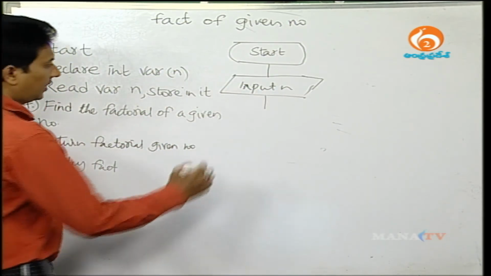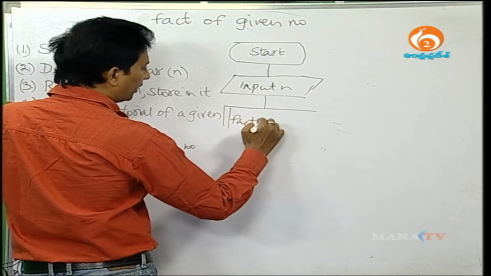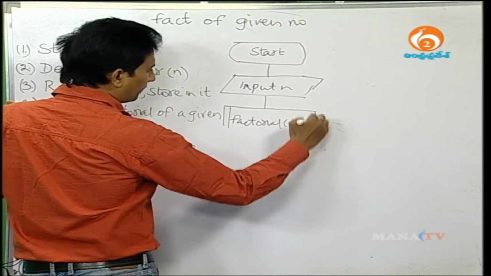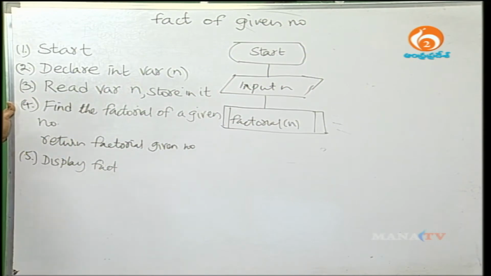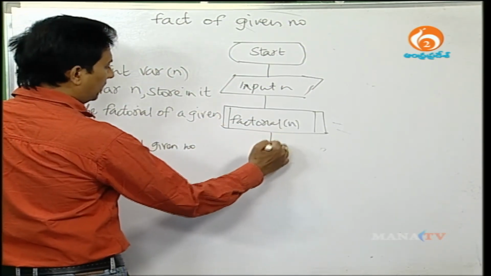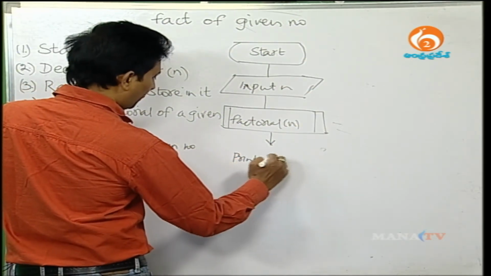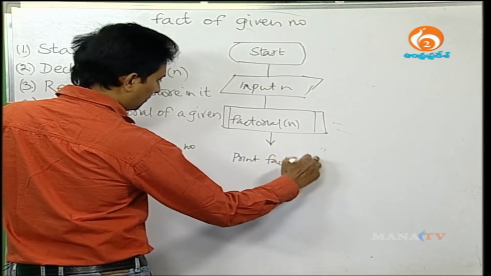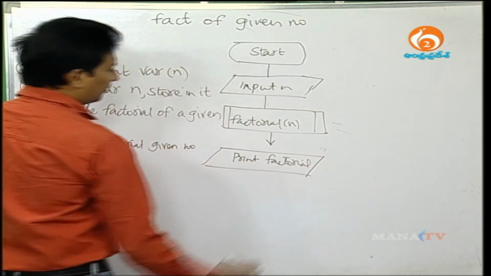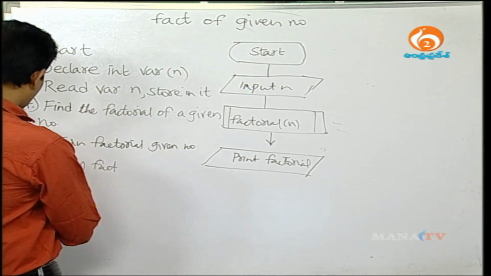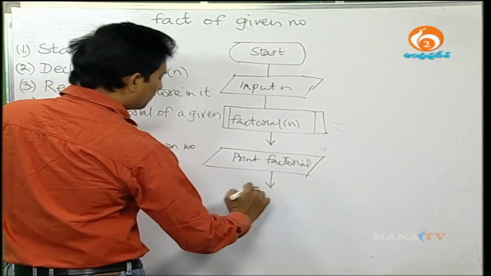Now here we write the function call. For the function call we write factorial of n. This is the function call. Next, print factorial. Next, stop. Start and stop are the same.